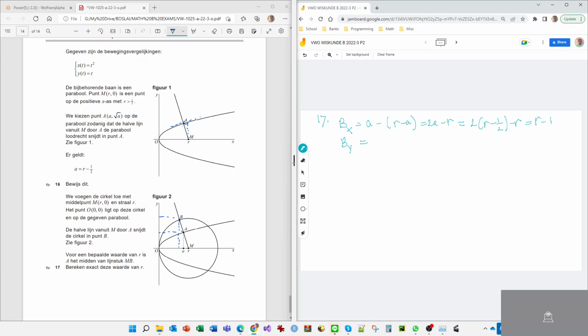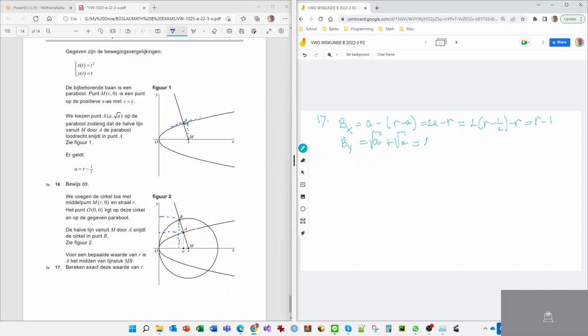And the y coordinate of B is, not a, it's the square root of a, which is the y coordinate of A, plus the vertical distance from A to M, which is again the square root of a.